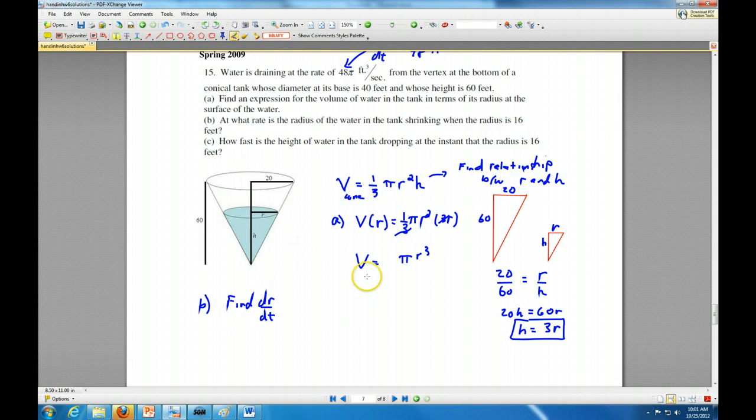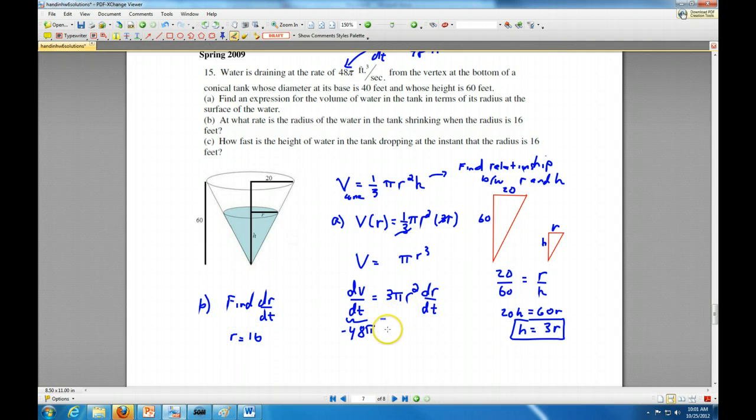We know dV/dt, so we start with this equation and take dV/dt, and it's going to be equal to 3 pi r squared dr/dt. We know dV/dt is negative 48 pi. At the instant when the radius is 16, they tell us that r is 16. That's our snapshot.